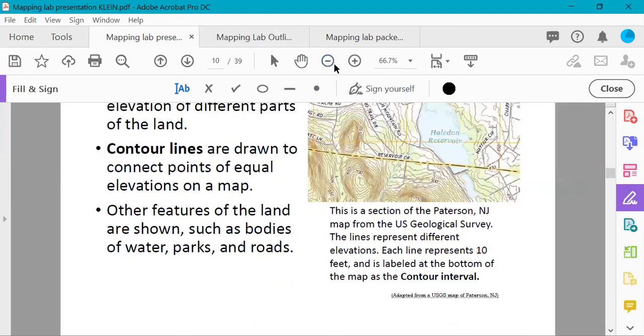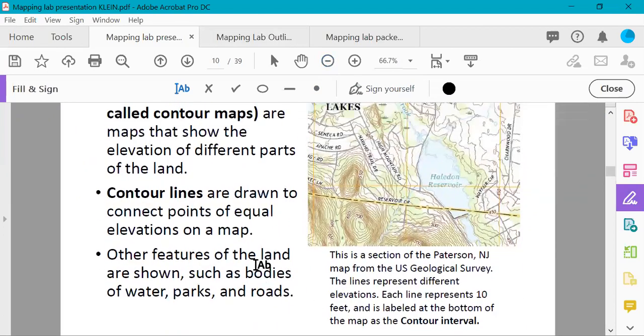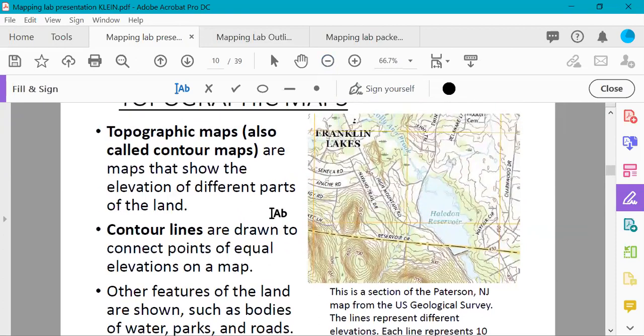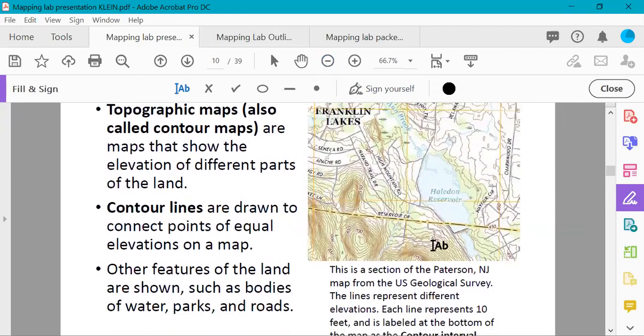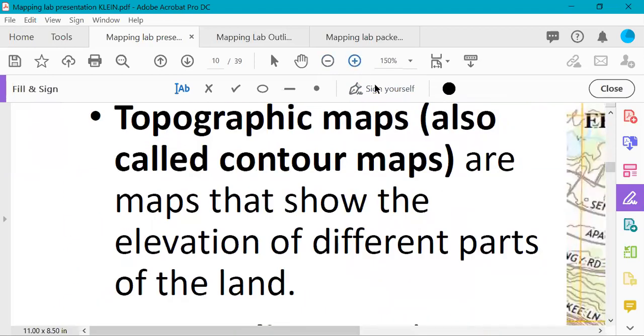And that was labeled at the bottom of the map, where it says the words contour interval, and we'll get into that in a few minutes. So contour lines are drawn to connect points of equal elevation on a map.